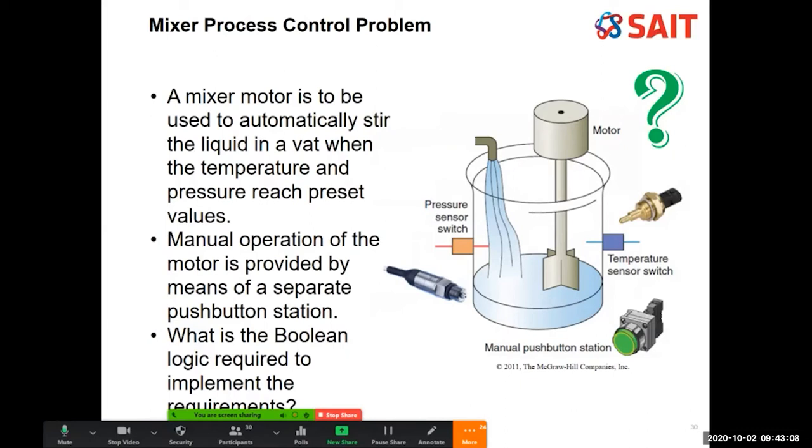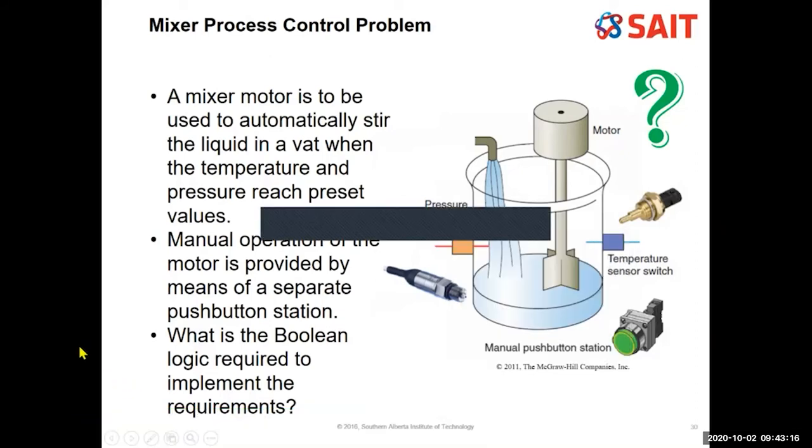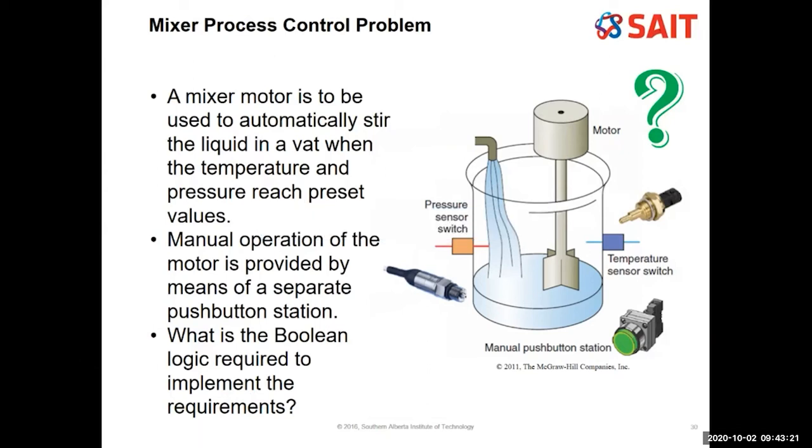I'm going to leave this motor control. Well, no, we're going to go through this motor control problem. Let me just get rid of the toolbar. So, motor process control program. A mixer motor is to be used automatically to stir the liquid in a vat when the temperature and pressure reach preset values.